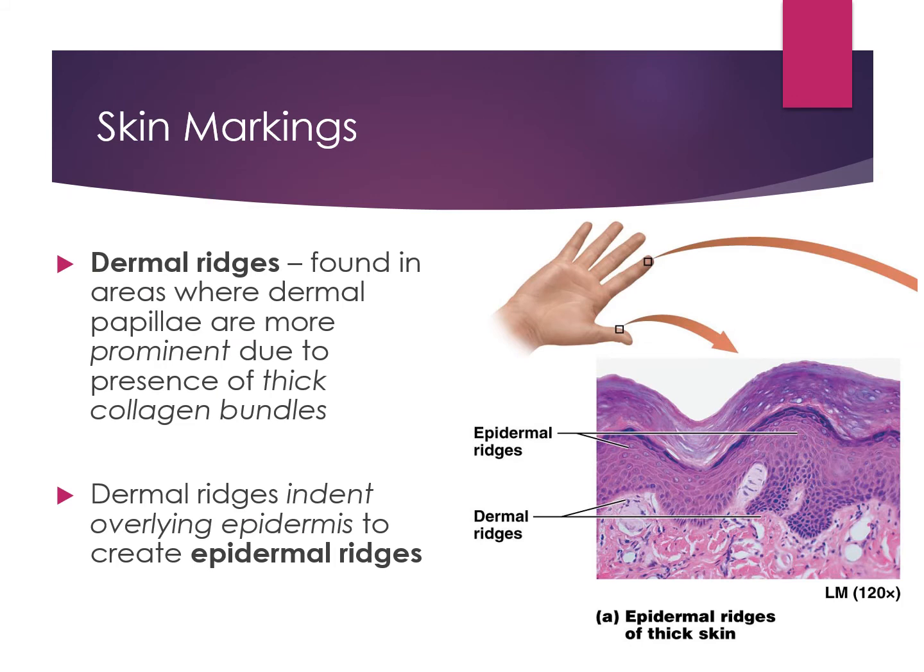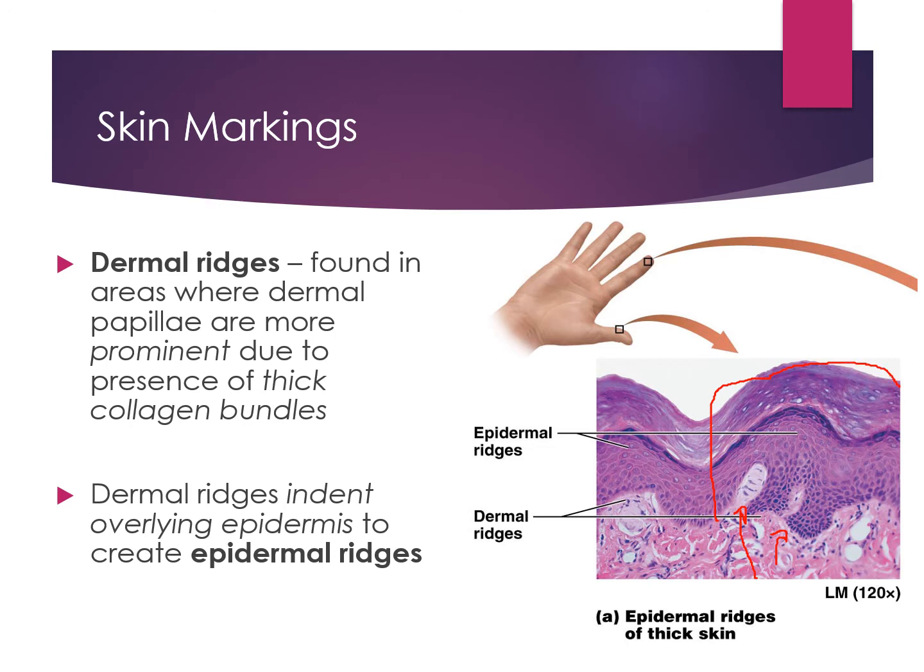Dermal ridges are skin features, aka markings, that are found where dermal papillae are more prominent, usually due to the presence of thick collagen bundles. So as you can see here, we have a couple of dermal papillae, and they push up into the epidermis and cause this bulge here.